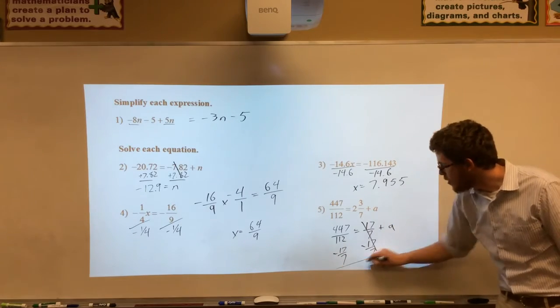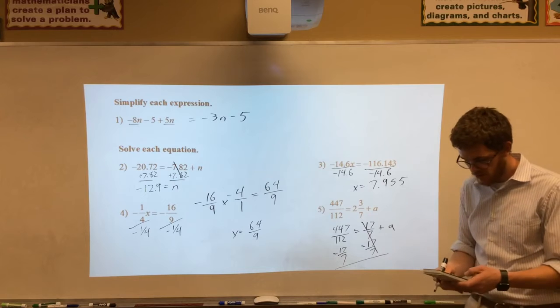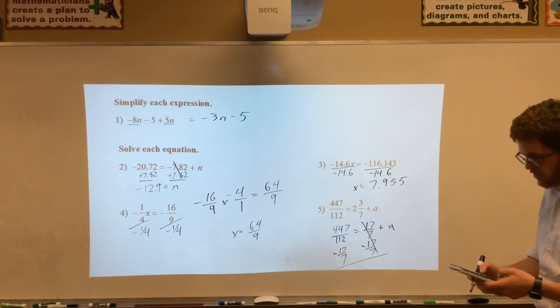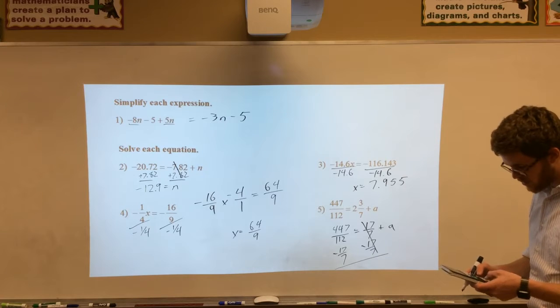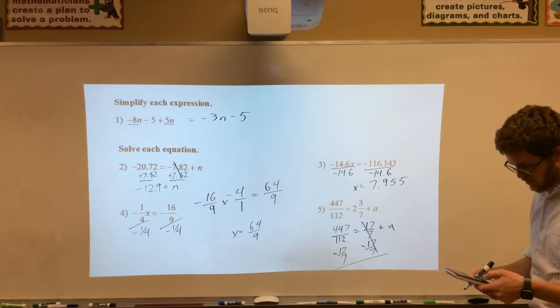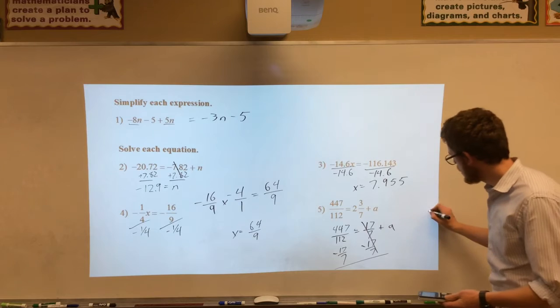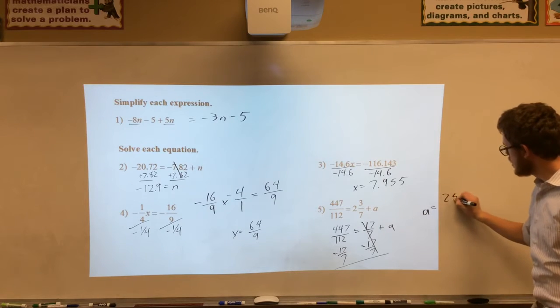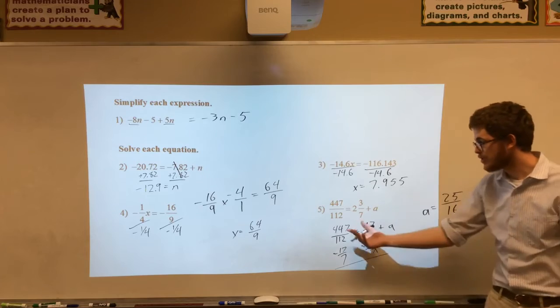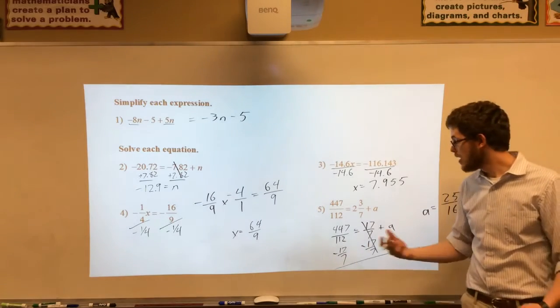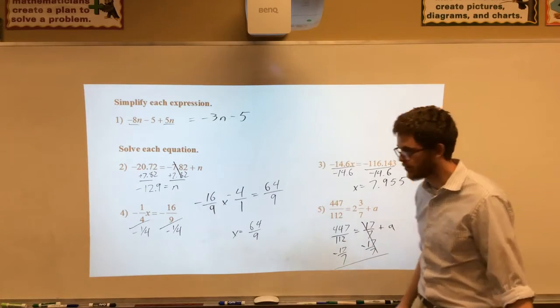I would get a common denominator and subtract. To save time, I will just do it in a calculator. And A should be 25/16. Again, we should be able to change this to be a common denominator and subtract those fractions with no problem.